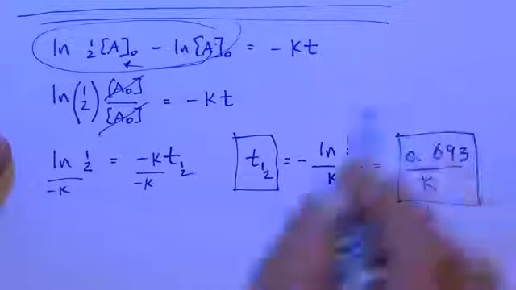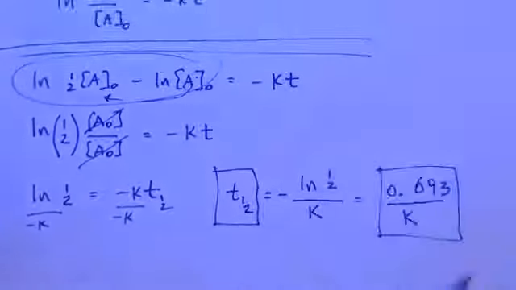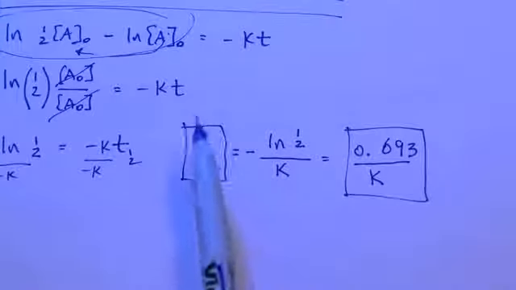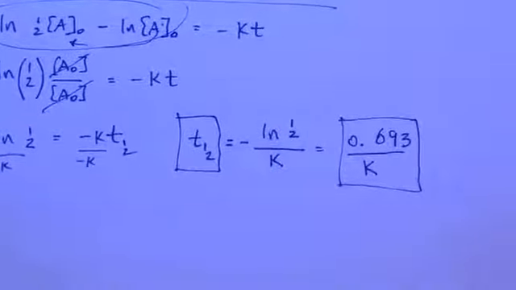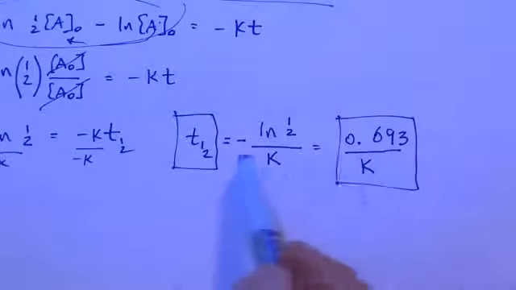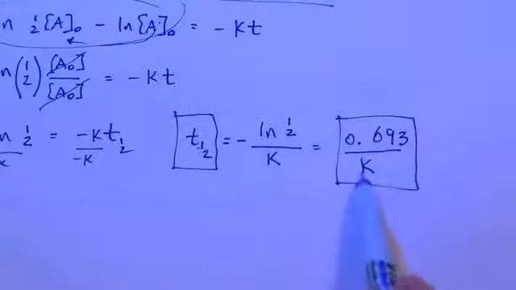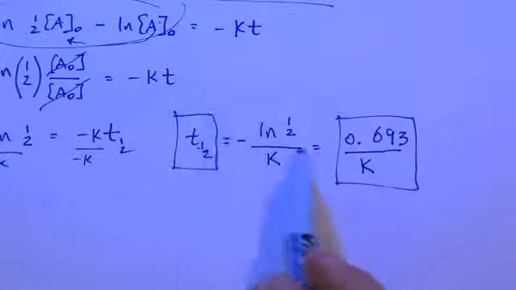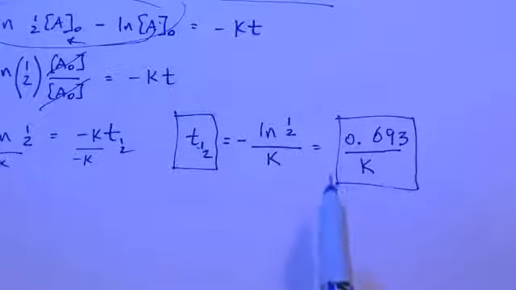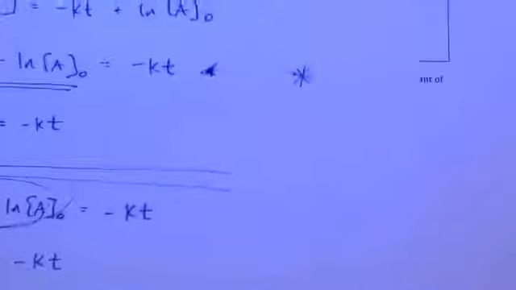Notice that the half-life of a substance that follows the first-order integrated rate law doesn't have anything to do with the concentration of the original amount. The time it takes to get to half the amount of something that follows first-order kinetics is independent of the amount that you start with.